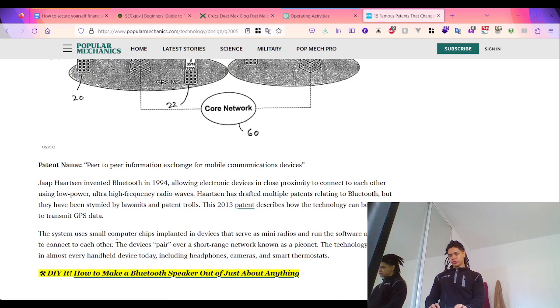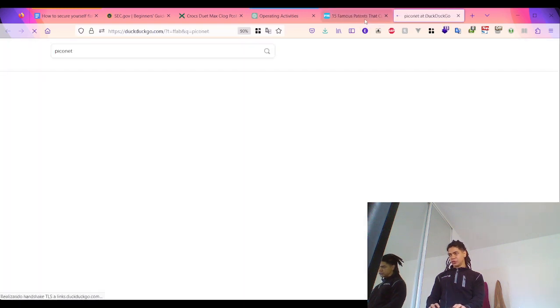The system uses small computer chips implanted in devices that serve as mini radios and run the software needed to connect to each other. The devices pair over a short-range network known as a Piconet. Interesting.